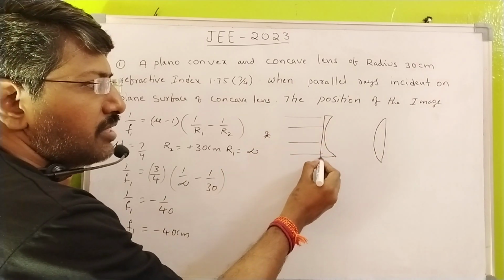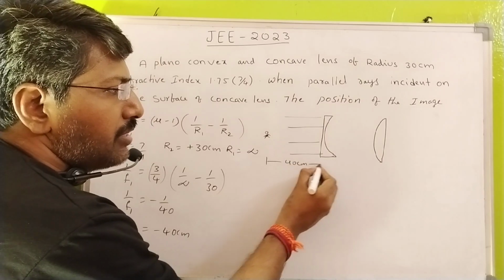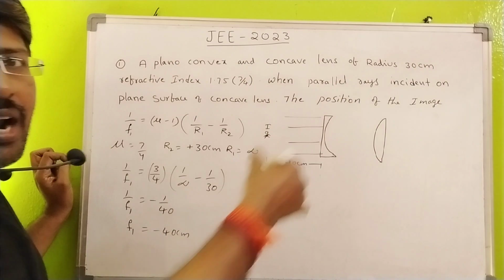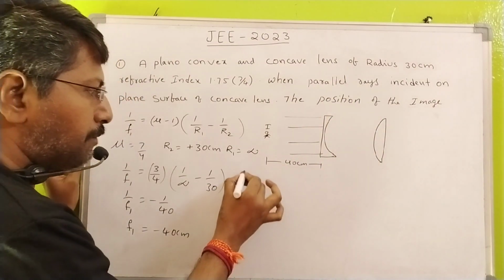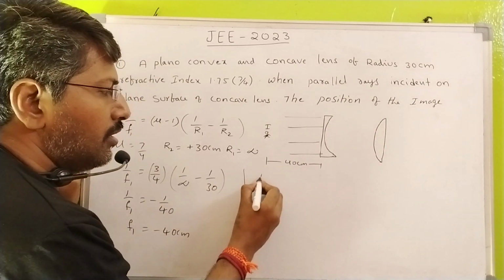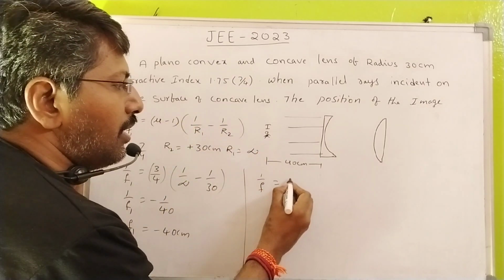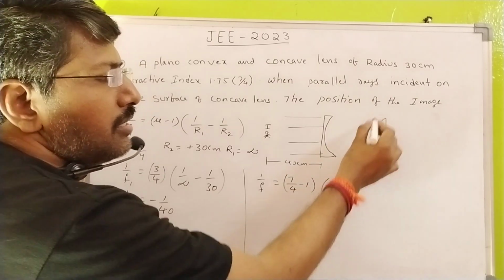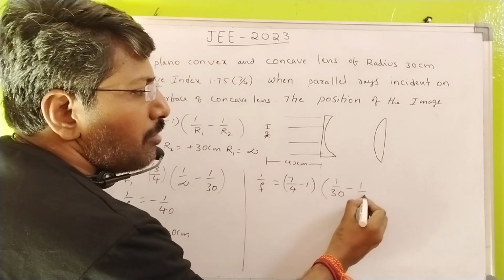If you take the origin here, you will get the first image at 40 centimeter. This image acts as the object for the other lens. See here, for this curvature, 1/f2 is equal to the same formula, (7/4 minus 1) into (1/30 minus 1/infinity).